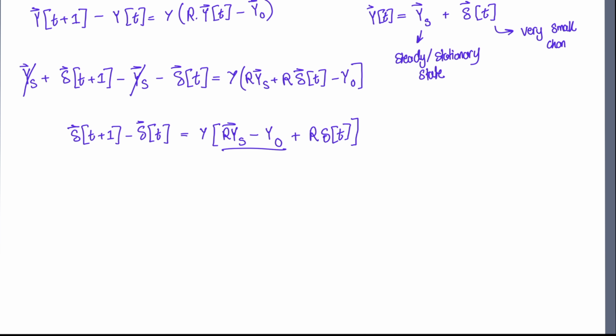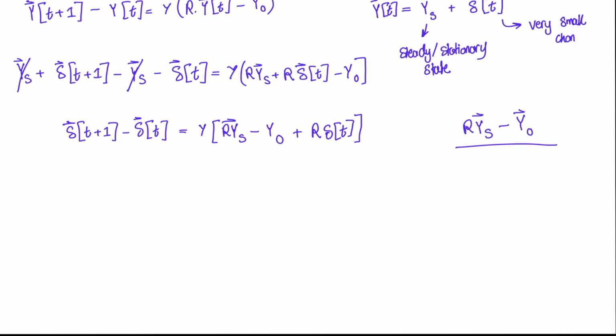Okay, if we look at this, this is saying the matrix R multiplied by the steady or stationary state minus y naught. If you notice, this is what we solved in part A, because in part A we solved R multiplied by the vector y is equal to y naught.